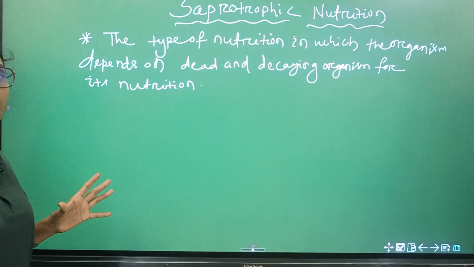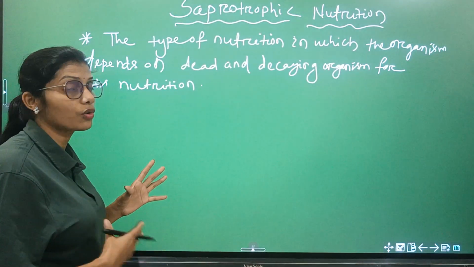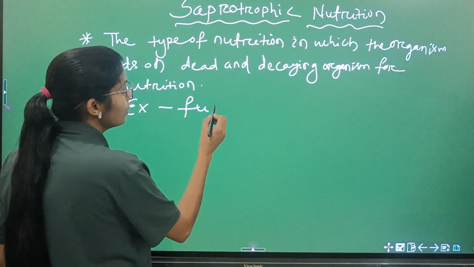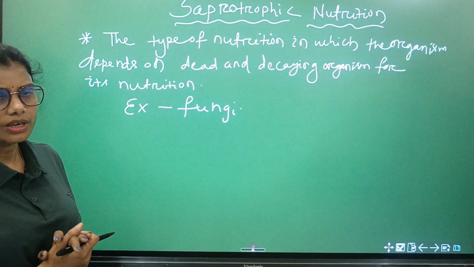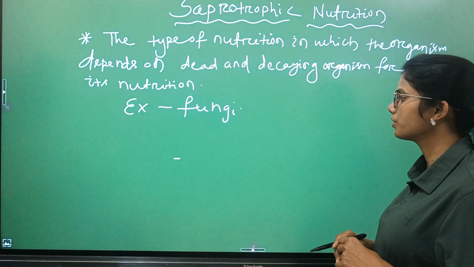That type of organisms are called saprotrophic organisms. Can we give an example? Yes, why not? That is fungi. We have already seen bread mold. This type of fungi are examples of saprotrophic nutrition.